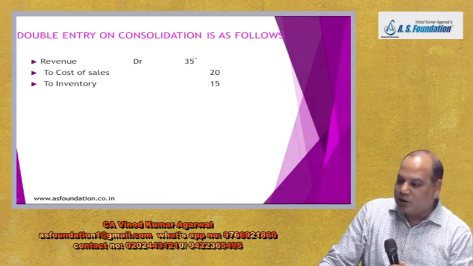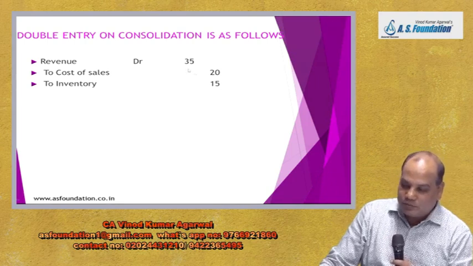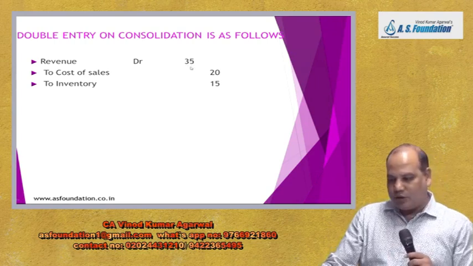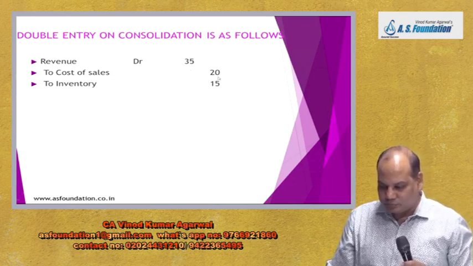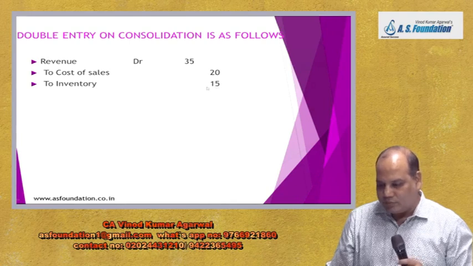Now see the entry. This entry you will pass in case you are also asked to prepare the P&L account. Revenue account debit 35, because revenue includes 35. Then to cost of sale 20, and inventory will reduce by 15.